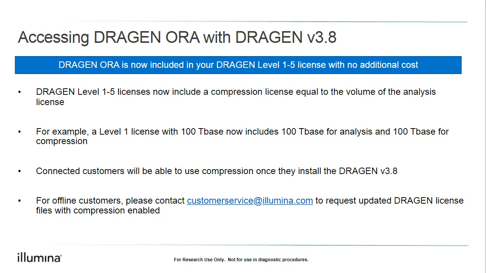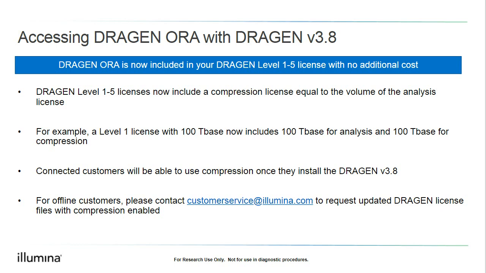If you are an offline customer, meaning your server is not connected to the internet, then you can contact our customer service and you can request the DRAGEN license that you would need for compression. So once again, you can download the software today, install it onto your server, and you can start compressing your files.